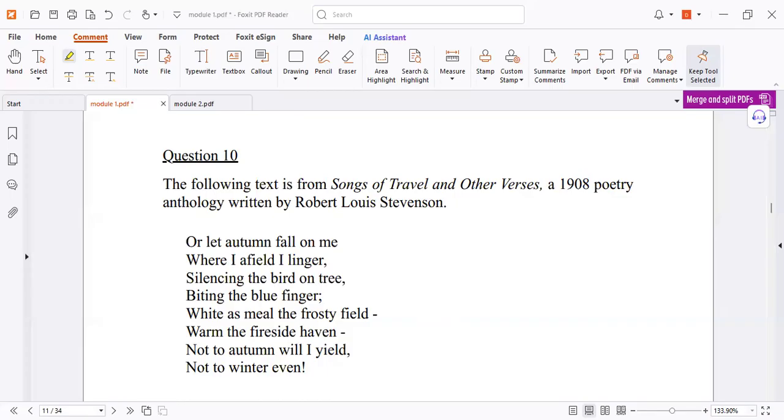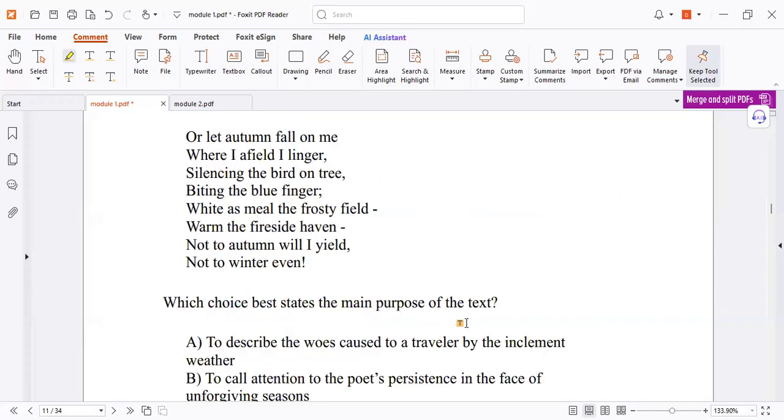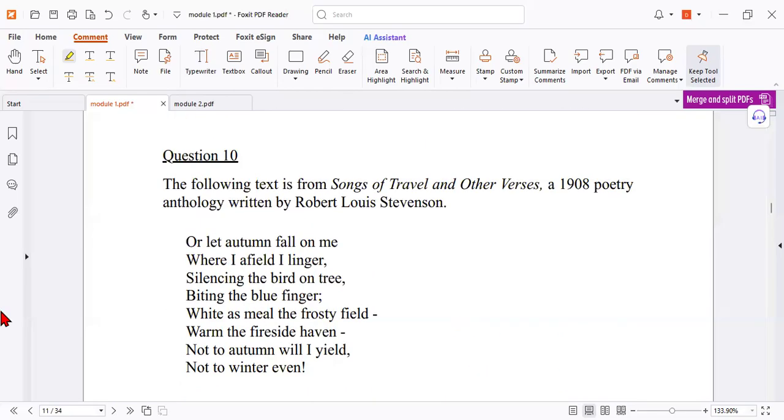How you didn't find the answer? Let's read. I was confused between two answers actually, but let me read it again. Let's try. Okay.